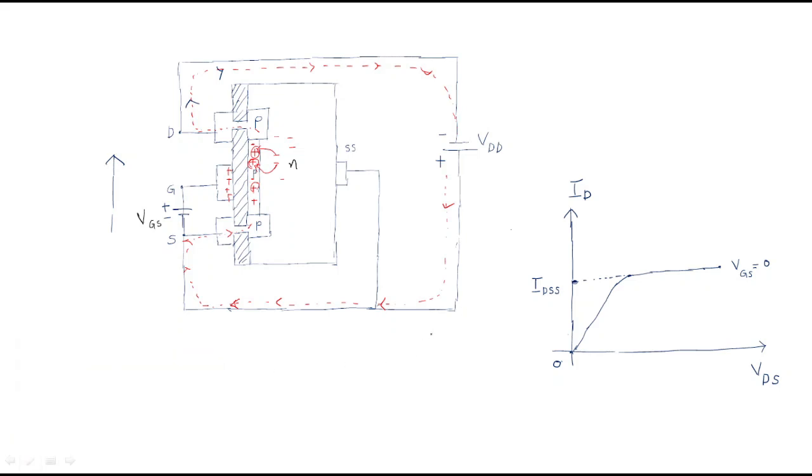So the graph is, whenever the gate source voltage is positive, for example 1 volt, the current value decreases. If the gate source value increases, then again the current value decreases.